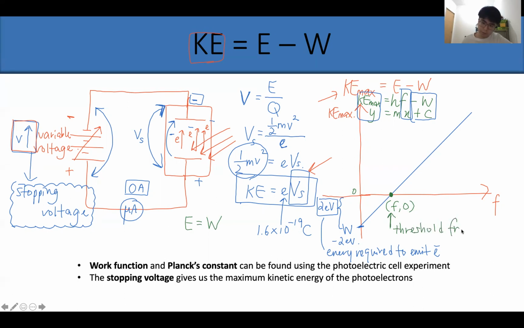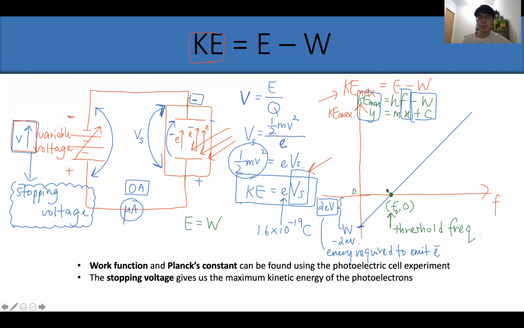Threshold frequency, I'll write this as f naught. At the threshold frequency, the KE max is 0. I repeat, when the frequency of the wave is the threshold frequency, the kinetic energy is 0.